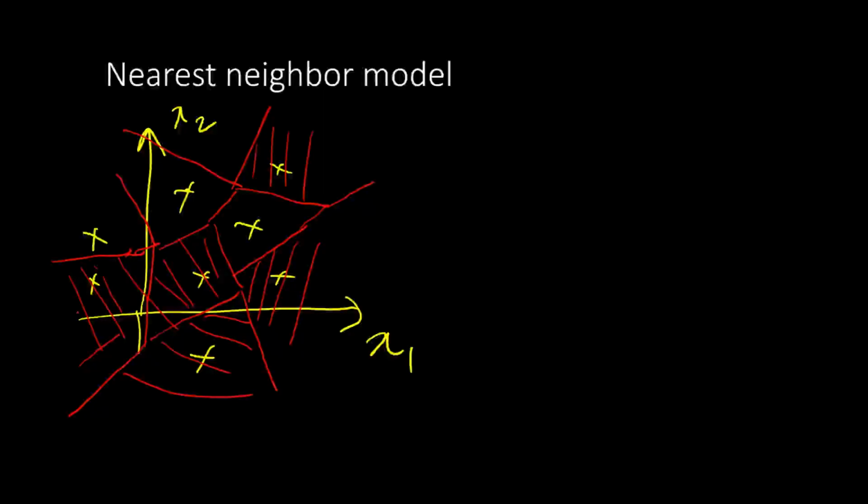Okay, so to speak. So now within each cell that we have, this is called a Voronoi diagram. Within each cell of the Voronoi diagram, I give it the value of Ti that is associated with that Xi.